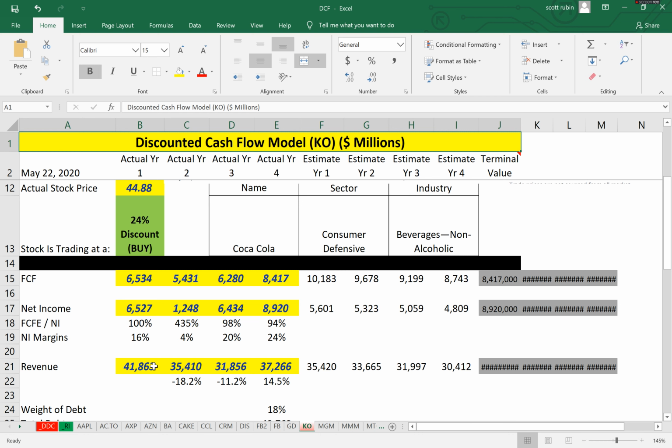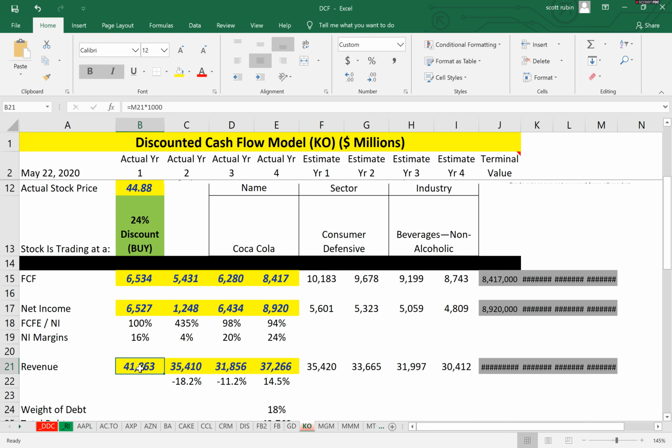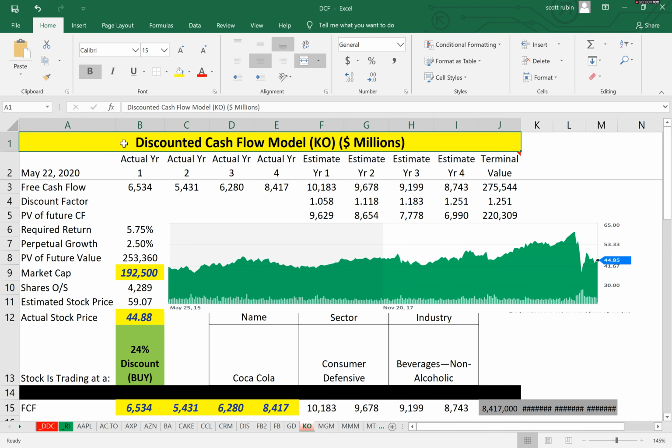Because it looks like 4 years ago they were at 42 billion of revenue, and they're in the 30s now. So they may drop again, but I'm not sure how they'll be affected by coronavirus. That remains to be seen.